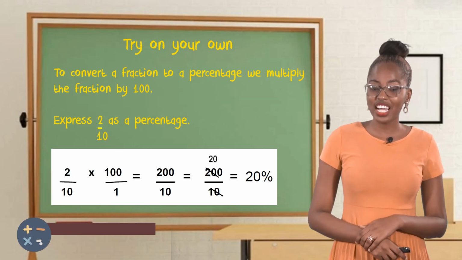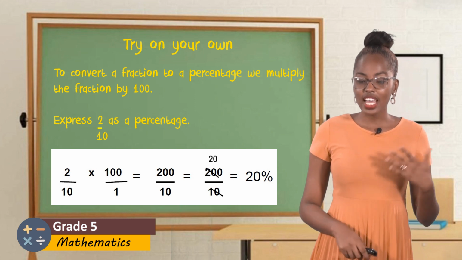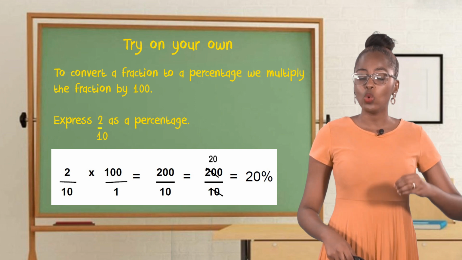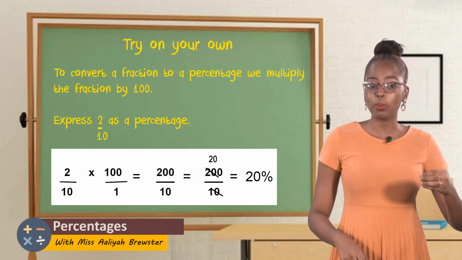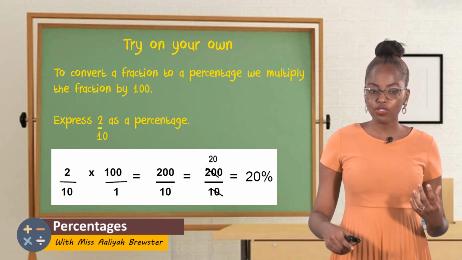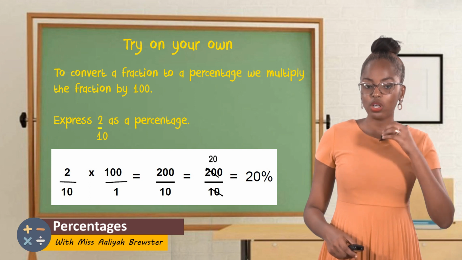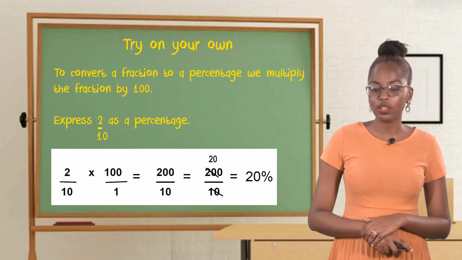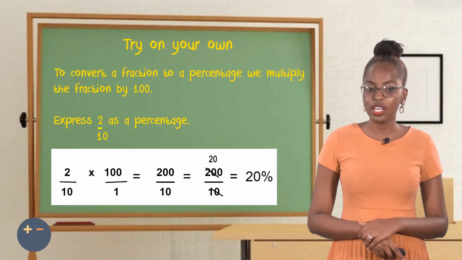Did you get it correct? Let's check. To express a fraction as a percentage, boys and girls, remember we must multiply that fraction by 100. Therefore, 2/10 times 100 would equal 20% as well. How did we arrive at 20%?